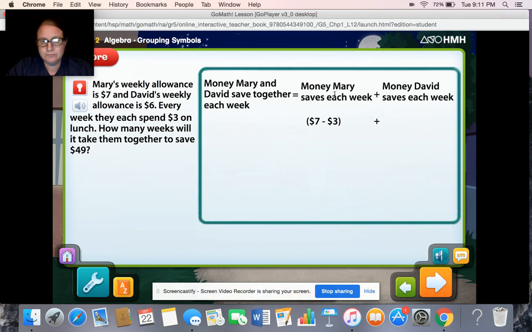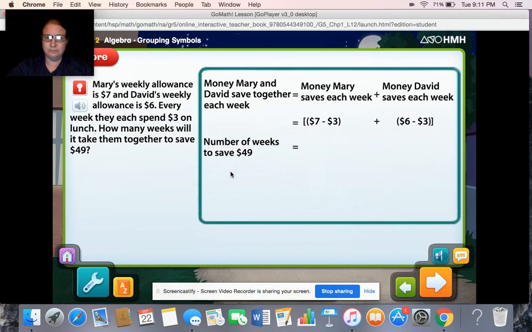What expression represents what David saves in 1 week? We have to do 7 minus 3 because she spends $3 on lunch each week. $6 minus $3. So what expression represents how much money Mary and David save together in 1 week? The difference between $7 and $3 plus the difference between $6 and $3.